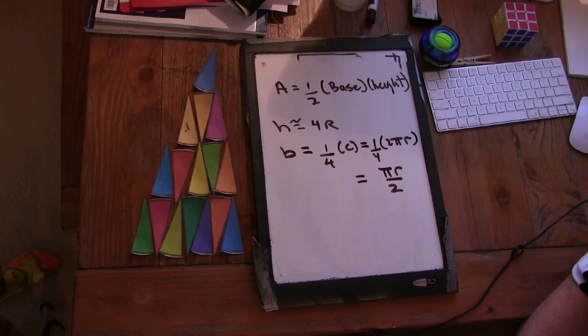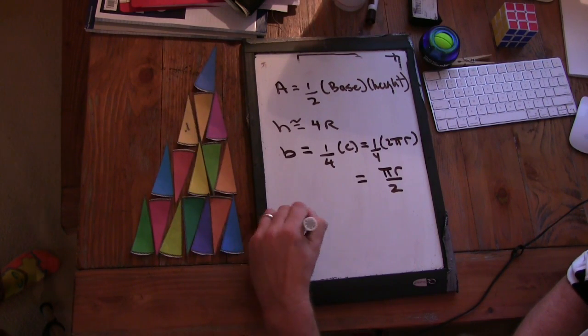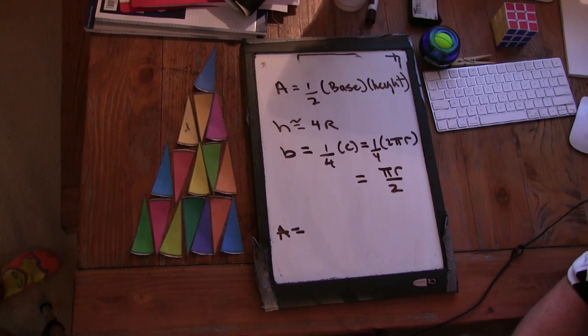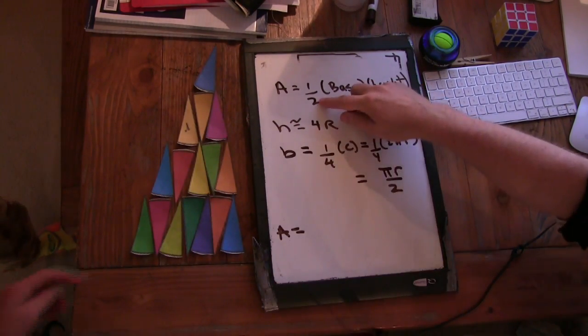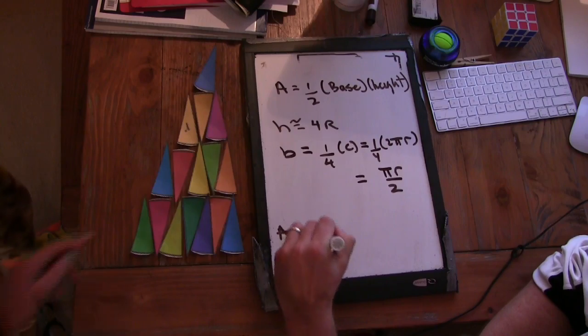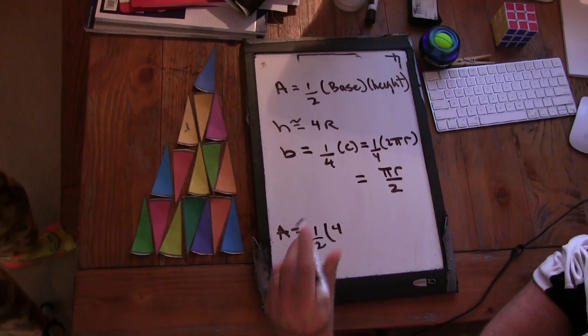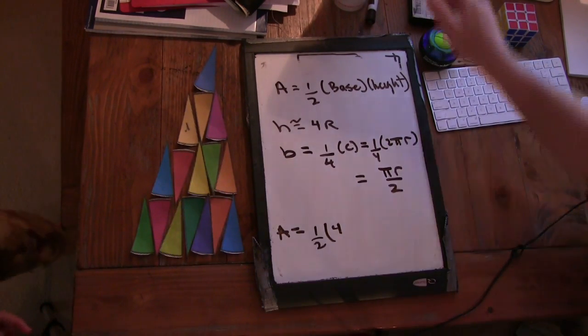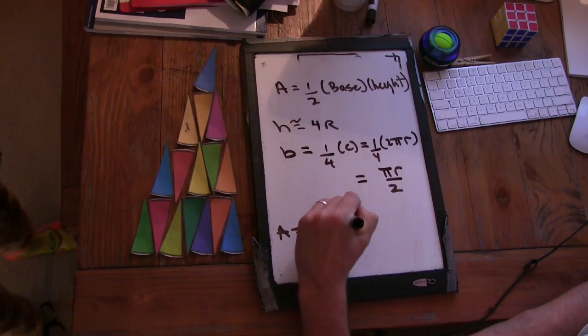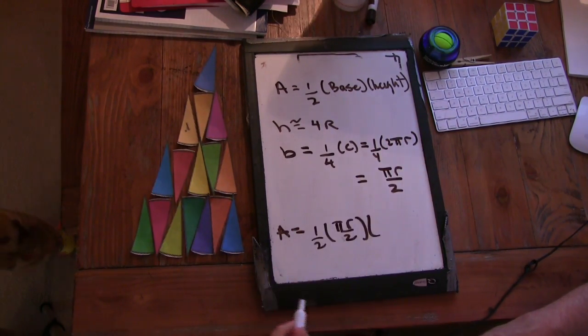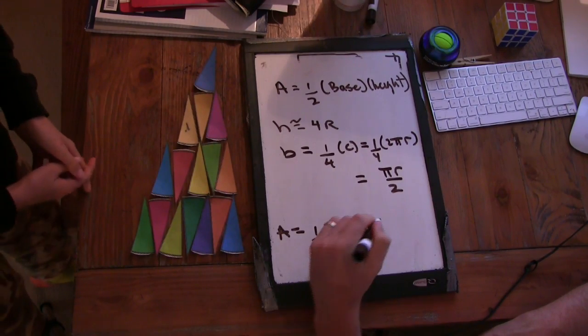And so now we have the area, and we're sure hoping this is going to be pi r squared, right? Because you shouldn't be able to rearrange things and get different areas. Well, let's not forget the 1/2. One half times pi r over 2, times 4r.